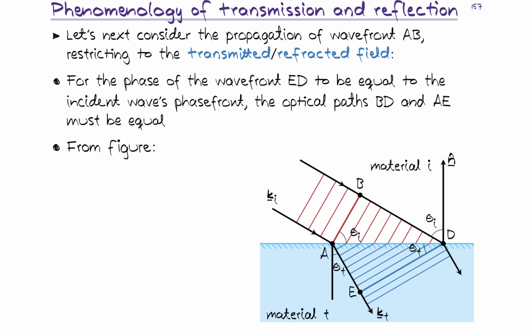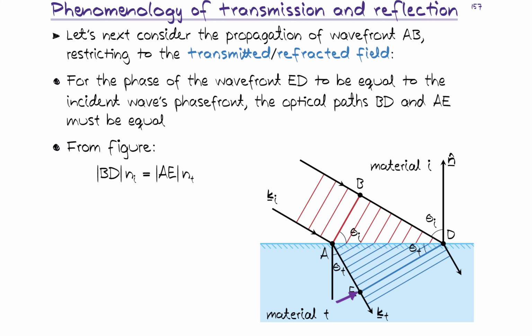Now again, from the figure, we can derive two equalities, so that the length of BD times NI is equal to AE times NT. So let's look at this, so that BD here is this line here, from B to D, and the ray is propagating in material I. So of course we should multiply the length with the NI refractive index, and here AE is essentially this here.